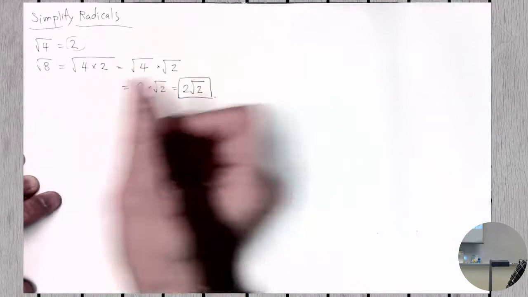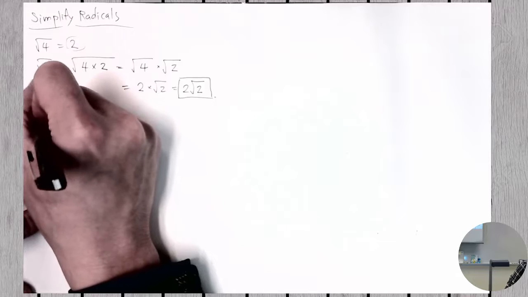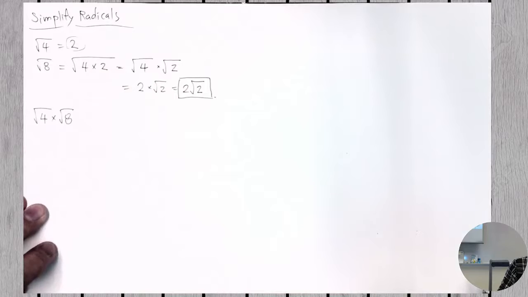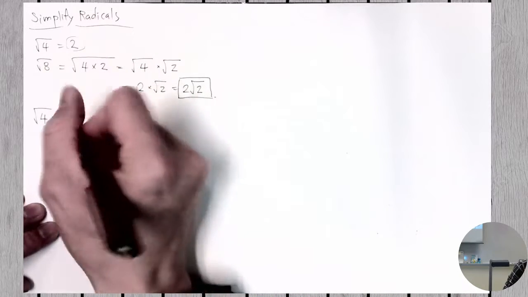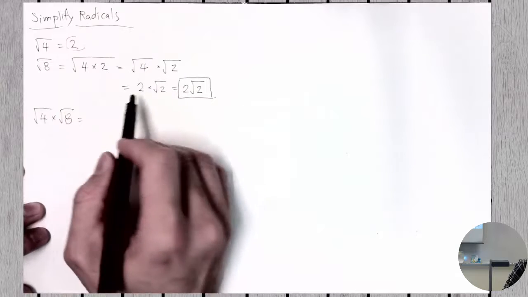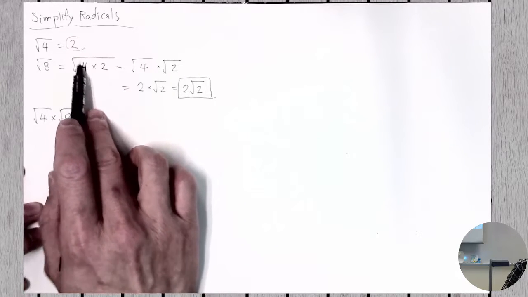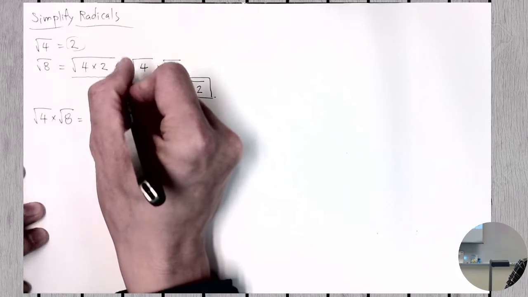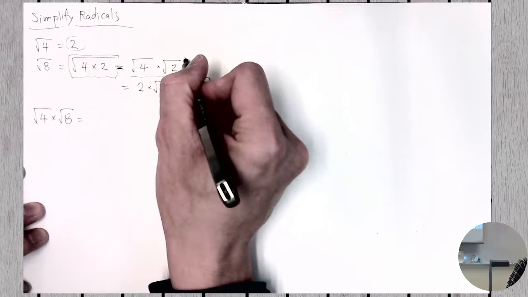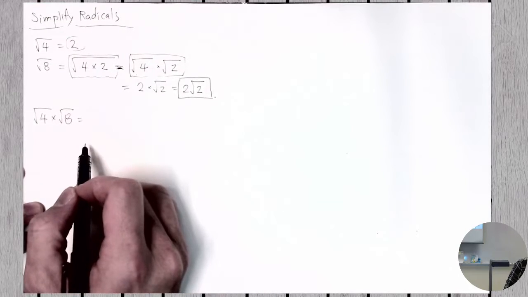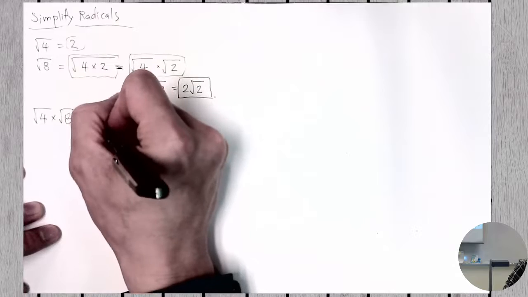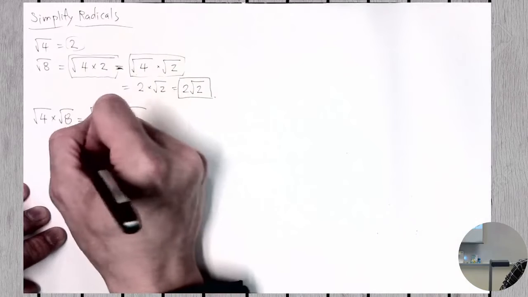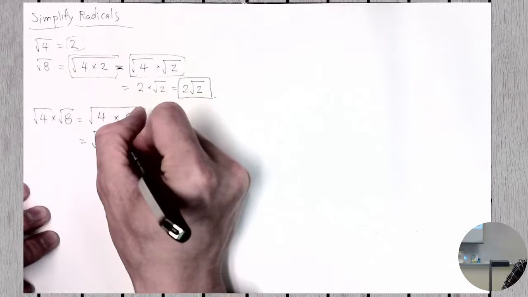All right. So what if I start with square root of 4 times square root of 8? What does that mean? If I can go this way, to split my single square root into 2 square roots multiplied together, the reverse is also true, right? I can write it as square root of 4 times 8 in there, okay? And I could further reduce it.